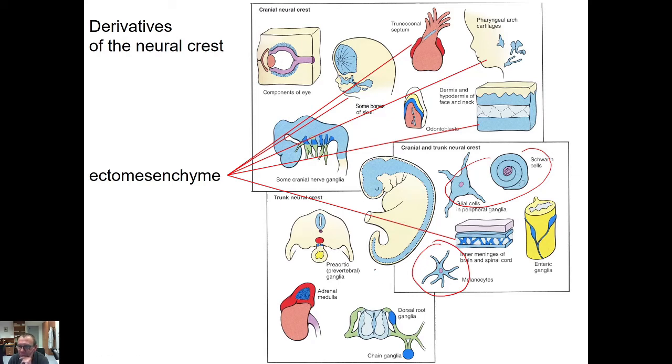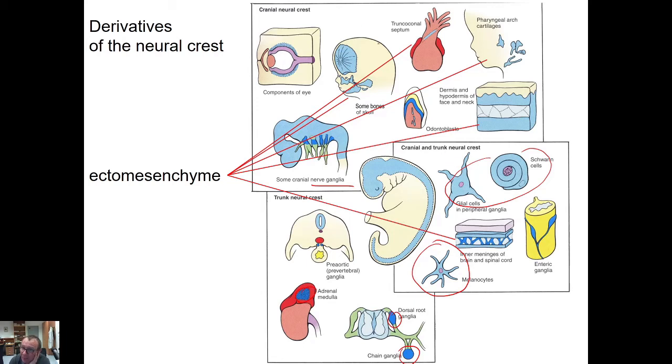Neural crest of the trunk can differentiate into adrenal medulla, for example, or neurons of dorsal and vegetative autonomic ganglia. And very important is neural crest in the area of the head. It also gives rise to ganglia or meninges around the neural tube, but also to mesenchyme.